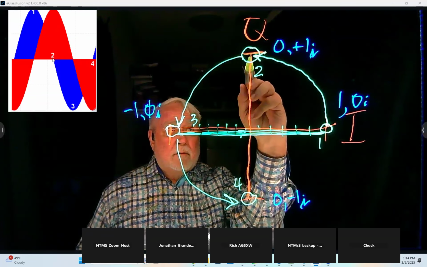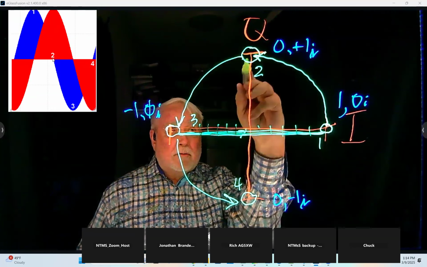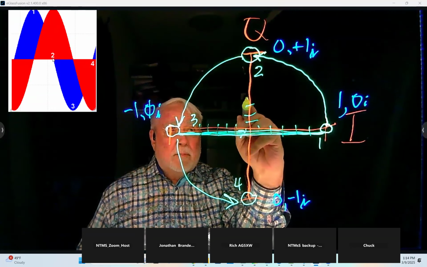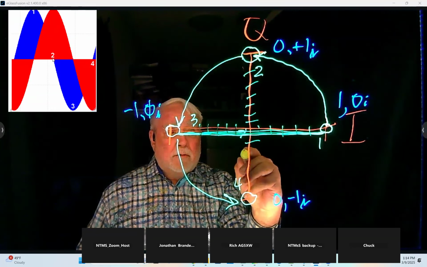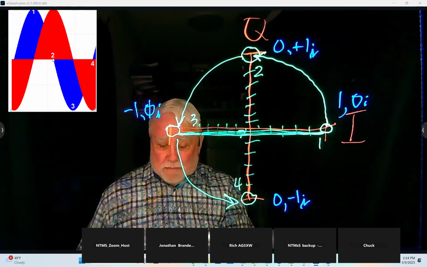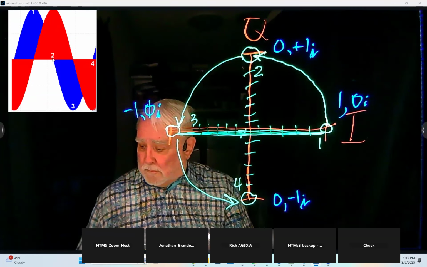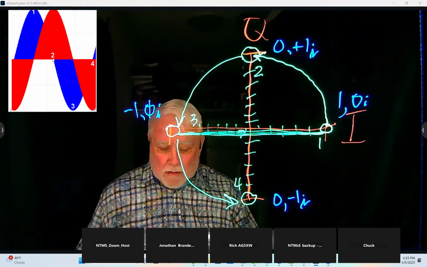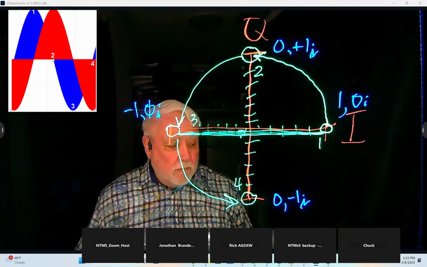Whereas the Q is doing just the opposite, and it's moving up and down on the positive and negative imaginary axis. I think that's important to point out. I had not done that before.